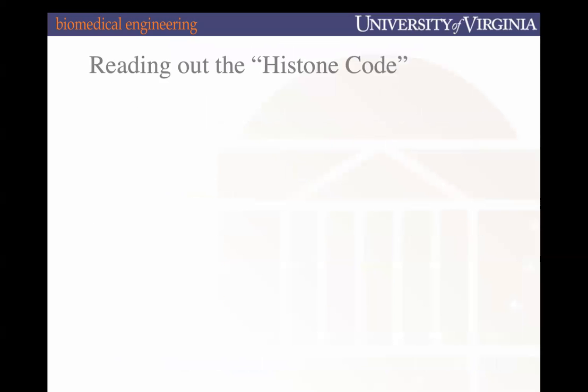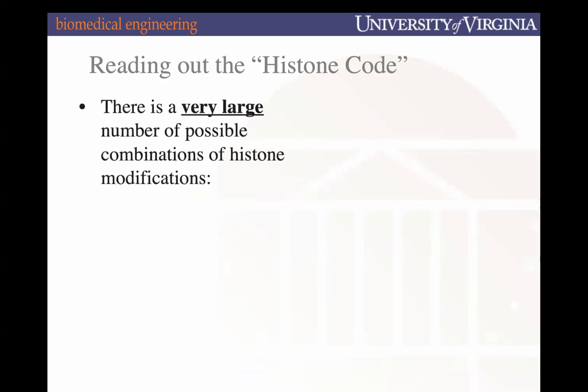So reading out the histone code are all the modifications that happen across all the histones here. And that possibility is incredibly large because of how many chromosomes we have, because of how many nucleosomes are on each chromosome, and because there are 8 histones on each nucleosome.